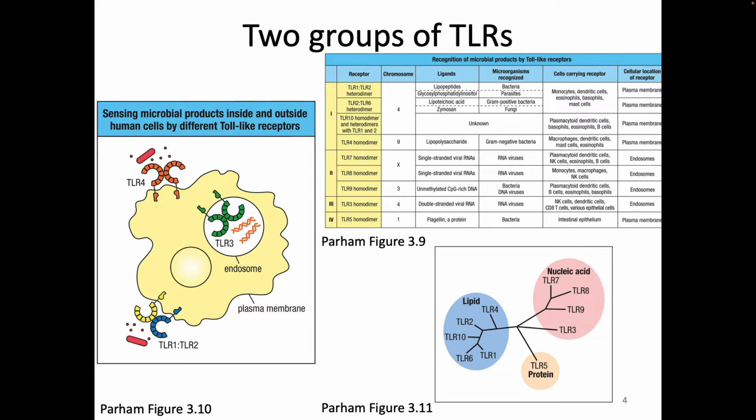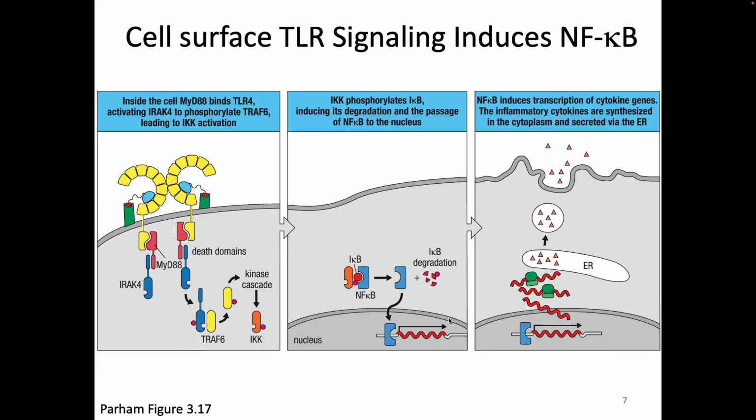So let's see. Oh my gosh, cell surface toll-like receptors induce NF-kappa B, exactly as Jameer predicted. So here you can see our cell surface toll-like receptors. This is specifically an example of TLR4 binding LPS, but I'm not going to go crazy into those details.